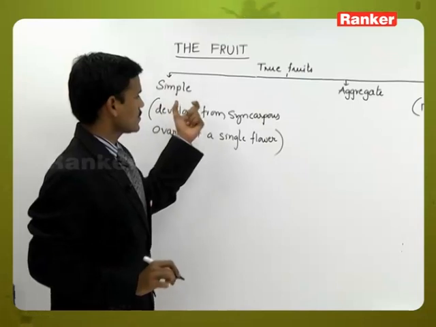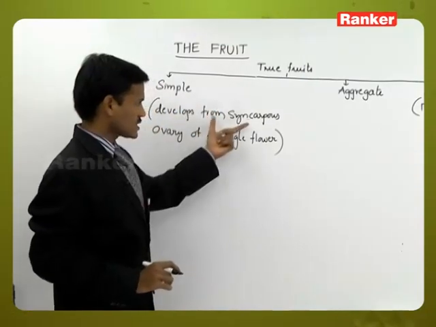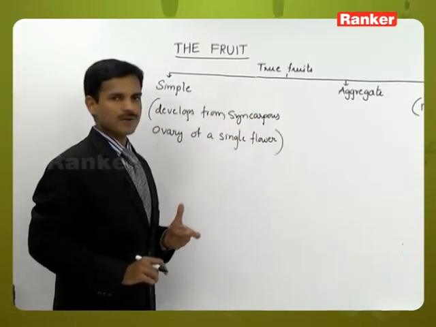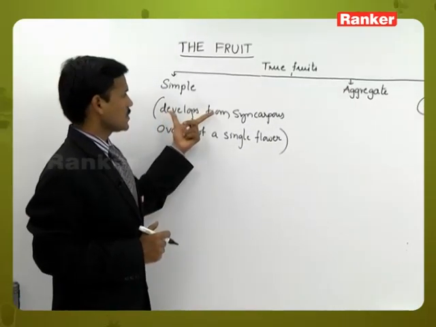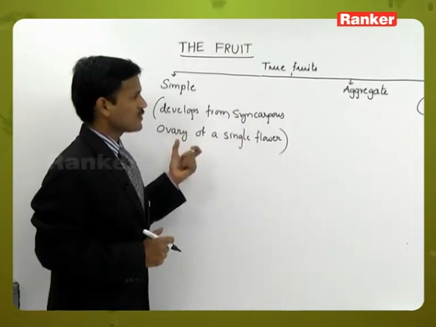Simple fruit develops from syncarpous ovary. Already we discussed syncarpous. What is syncarpous? When carpels are fused, that is syncarpous. So it develops from the syncarpous ovary of a single flower.